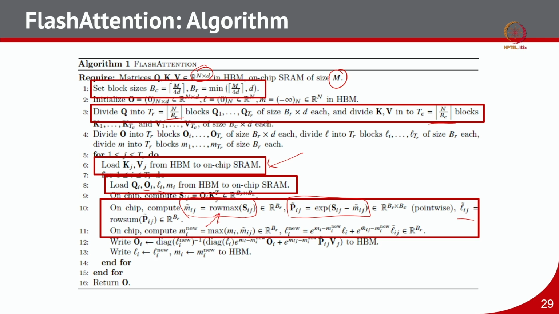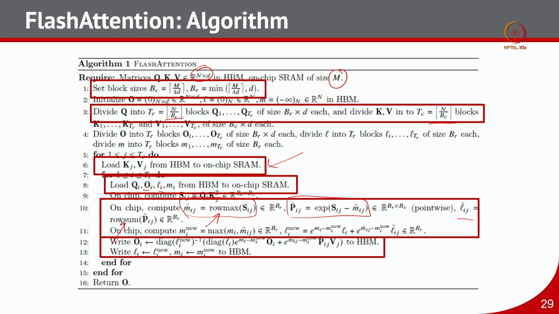So, this row max and this row sum are the extra statistics which have to be tracked, because now we are performing this computation by blocks, right. And then finally, whenever we have this Oi, this Oi is put into the HBM, and then we keep on updating.